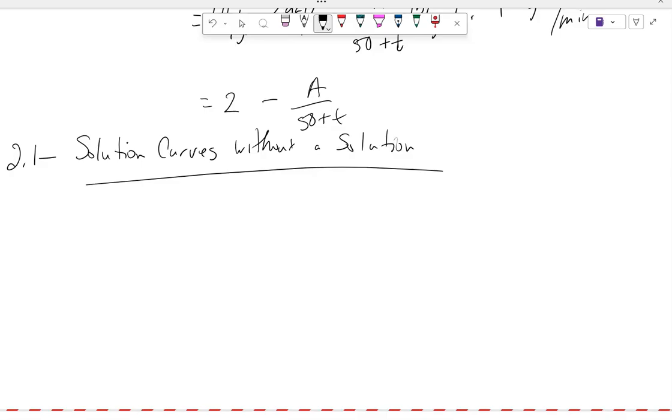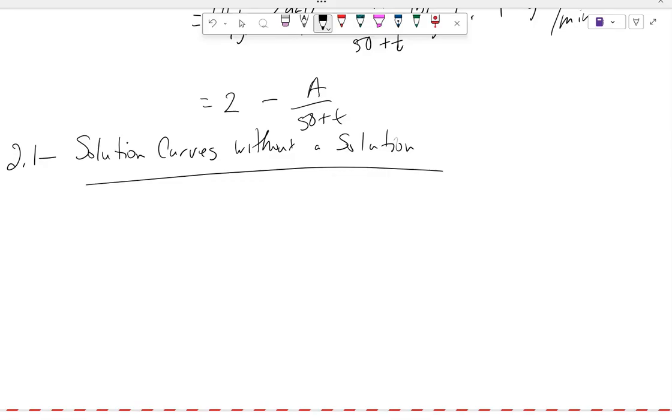The first thing they want to do in this section is visualize what's going on with the differential equation, and then, if you're given an initial condition, what the solution has to look like.